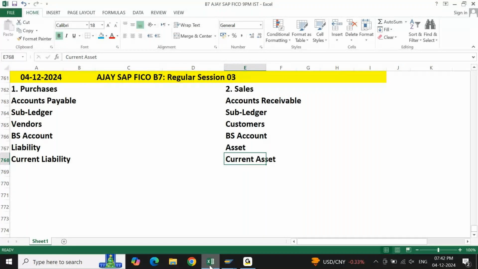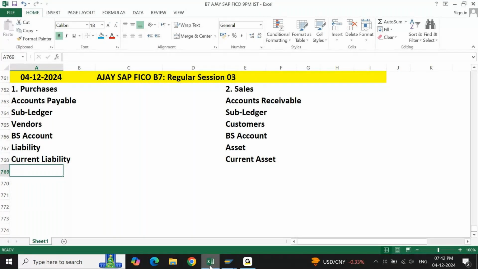Right? So when you're talking about purchases or when you're talking about sales, this is related to 3 points. My purchases can be of 3 types, or I may be purchasing 3 types of items here. What could be my purchases?